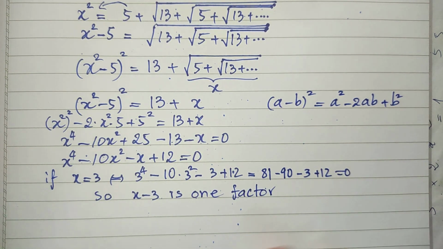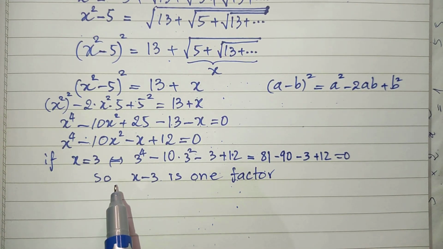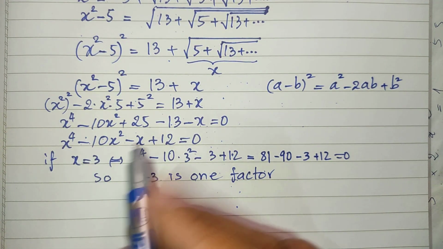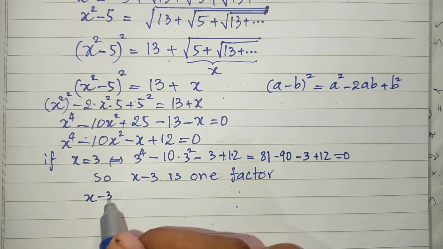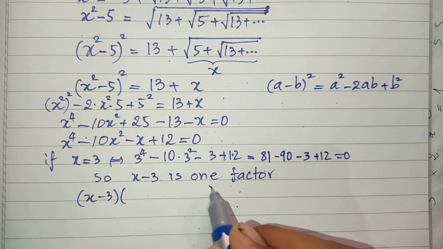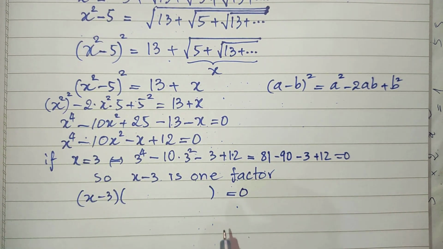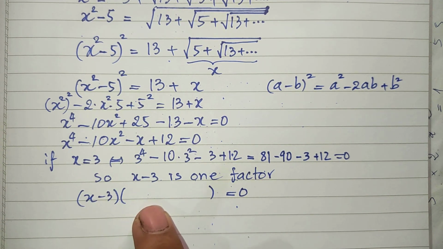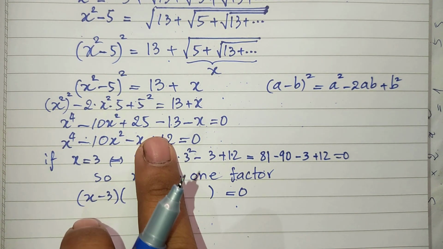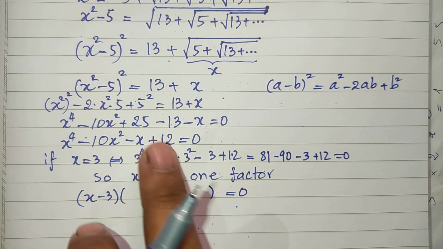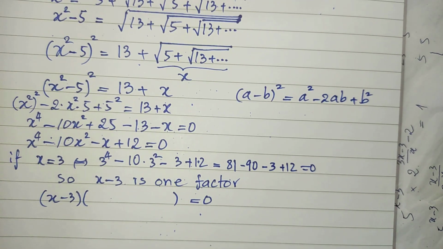Now we can write the equation as h minus 3 multiplied by the other factor equals 0, and this expression we find by dividing the equation using synthetic division.